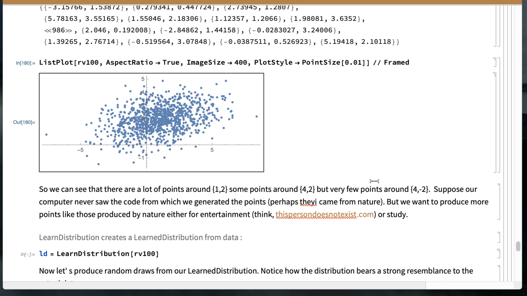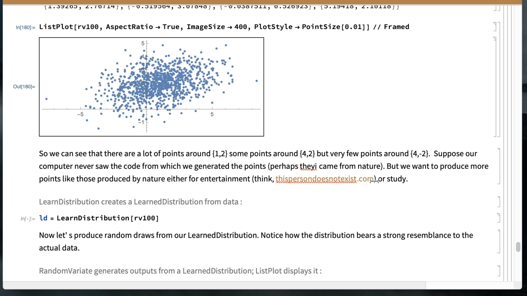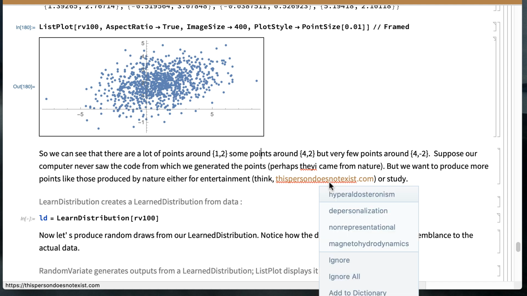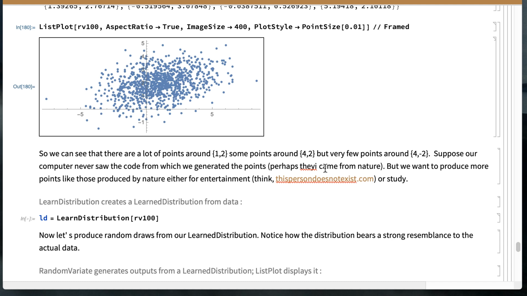This is something that's very useful. If any of you have seen the website thispersondoesnotexist.com, you're going to see a more sophisticated version of a learned distribution, where basically it's learned a distribution of human faces. And so you press a button and it produces something that is face-like, but that may not have been in the original data.